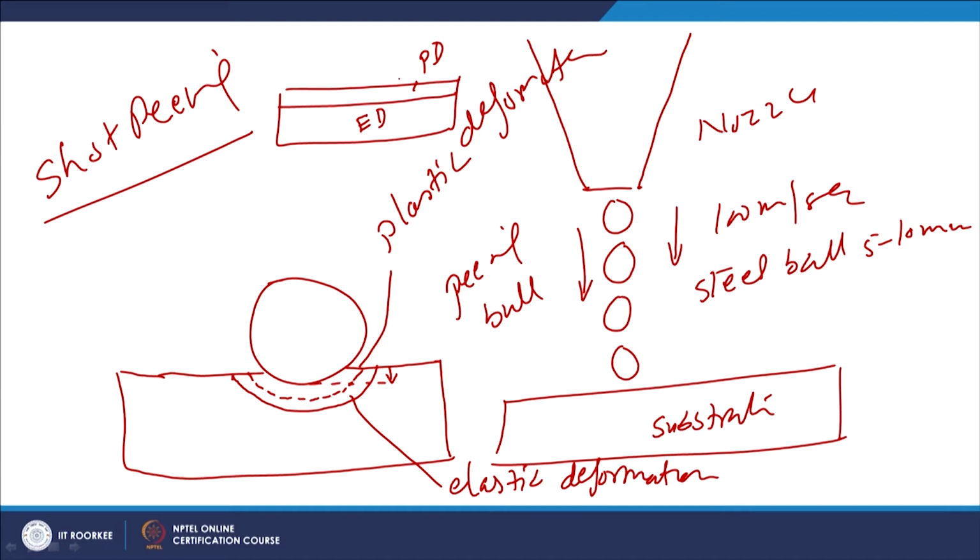The plastic layer is elongated under the effect of impact, while the one under elastic deformation will also be strained, but the layer further below the surface, under elastic deformation, will try to regain its dimension once the impact is over.